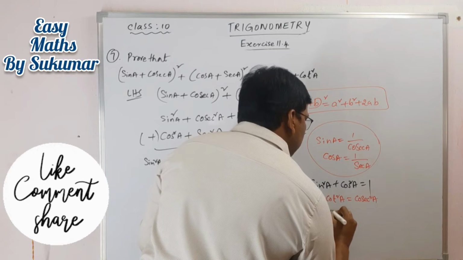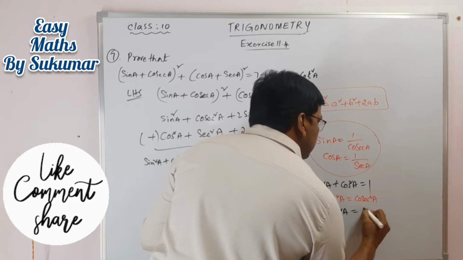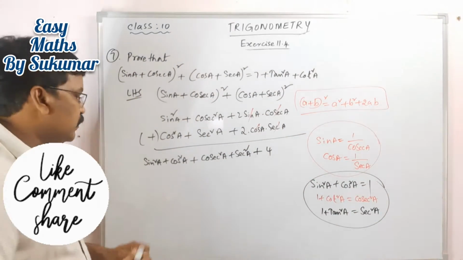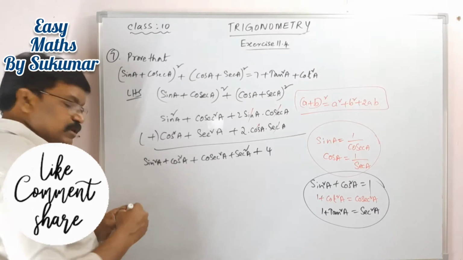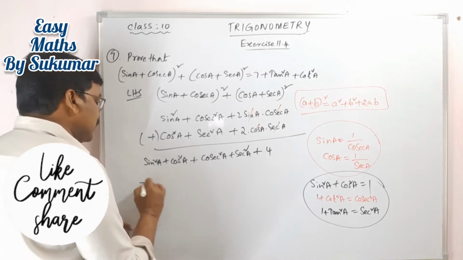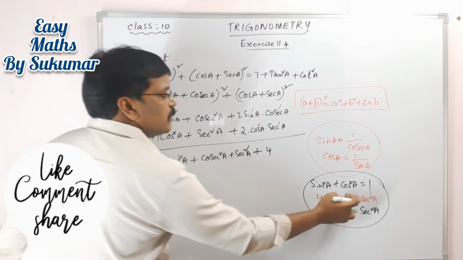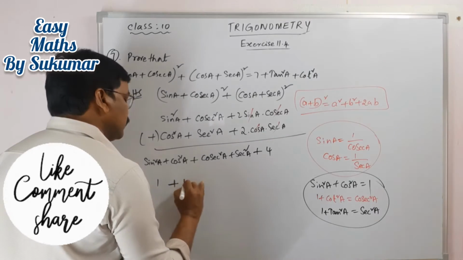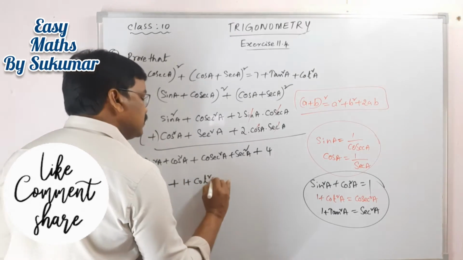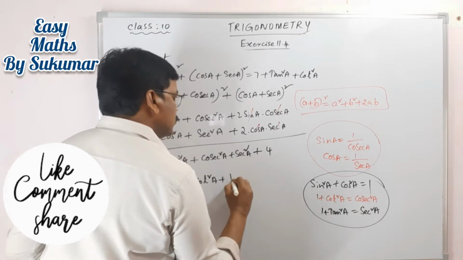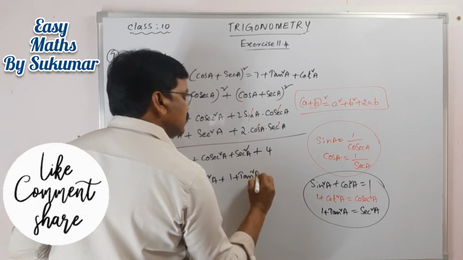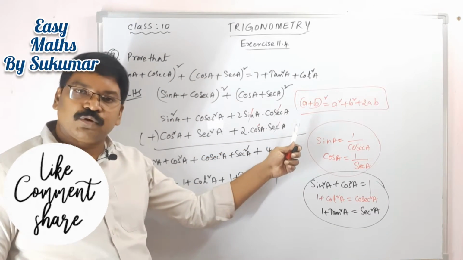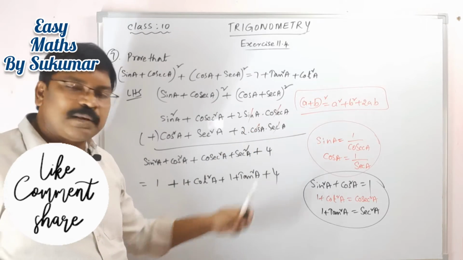So 1 plus tan square A is equal to sec square A. So here, instead of sin square A plus cos square A, I am writing 1, and cosec square A means 1 plus cot square A, and sec square A means 1 plus tan square A, plus 4 is there. Why? Here sin A, cosec A, cos A, sec A both get cancelled. Plus 2 means plus 4.